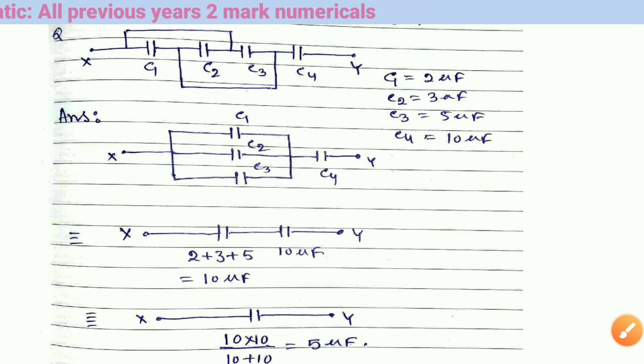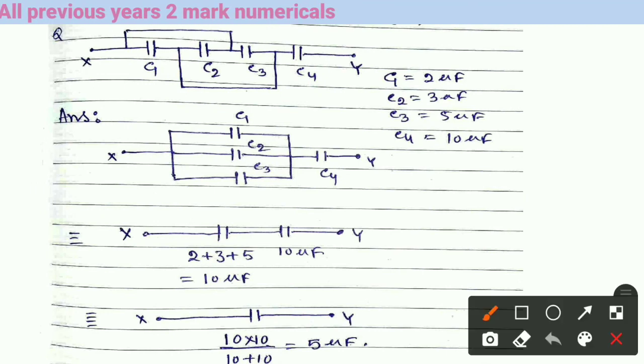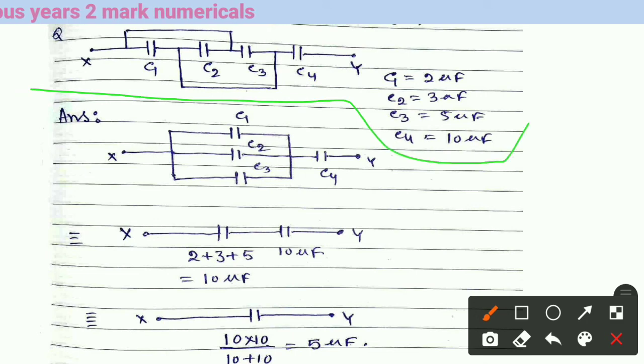Next question is, here it is the question. C1, C2, C3 are given and the connection is like that. Now we have to simplify it. If we cut C4, then the remaining parts are connected in parallel like that.